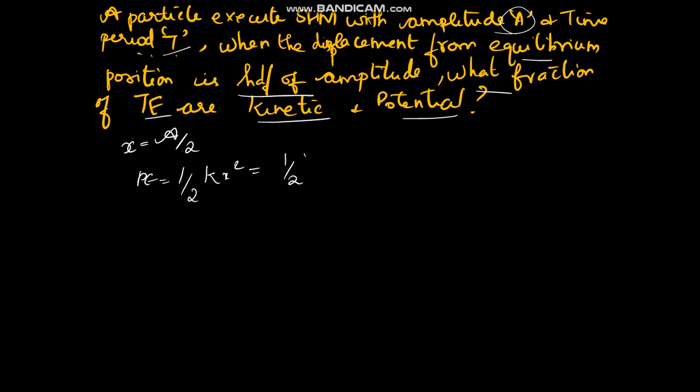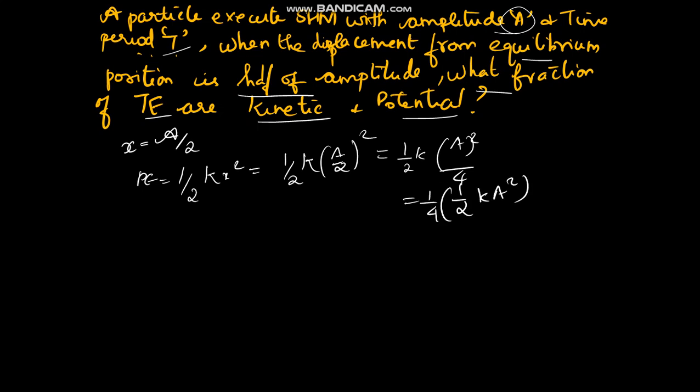So 1 by 2 k into (a by 2) the whole square, which is 1 by 2 k into a square divided by 4, which is 1 by 4 into 1 by 2 k a square, which is 1 by 4th of total energy, that is nothing but 25% of total energy is potential.